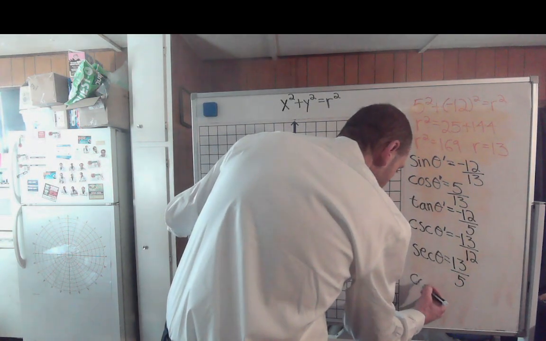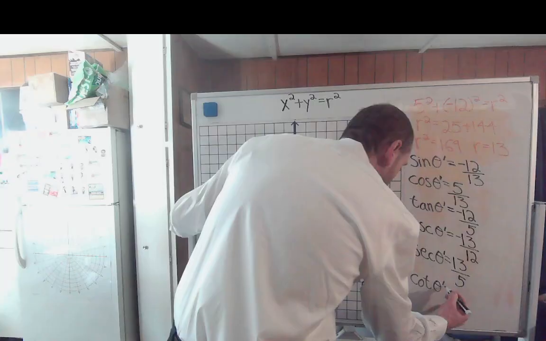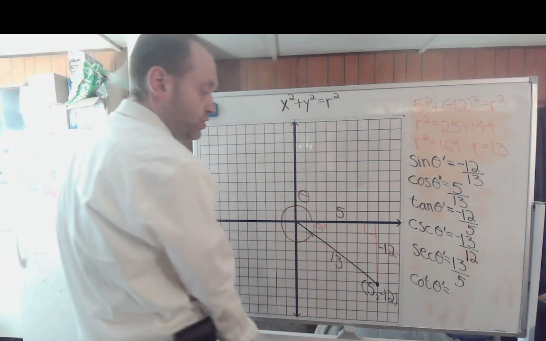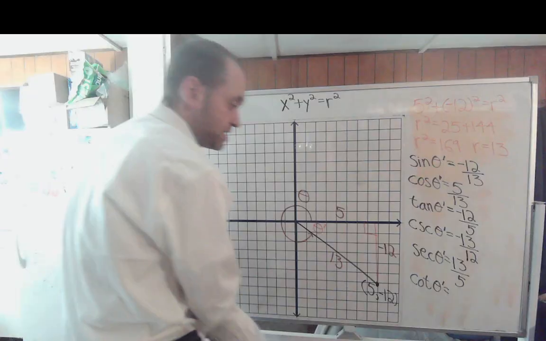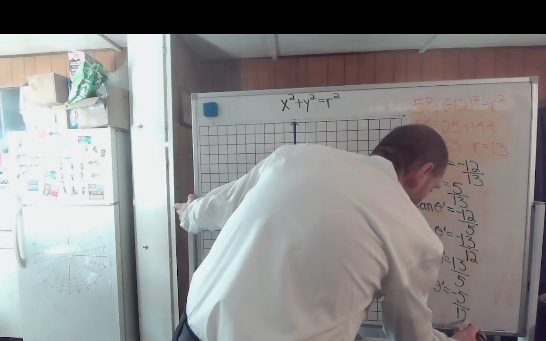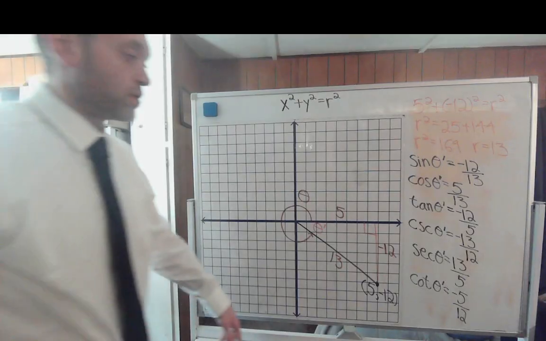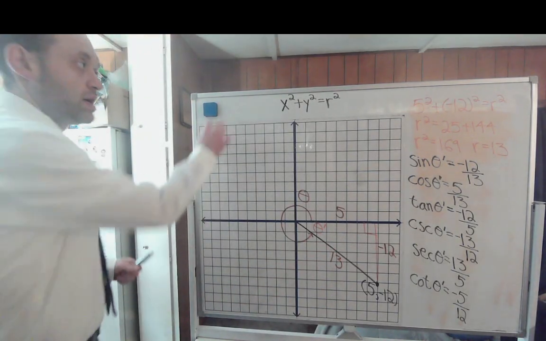And then the cotangent of theta prime is going to be equal to your adjacent over your opposite side, so that'd be negative 5/12. So there are your 6 trig function values for this particular angle.